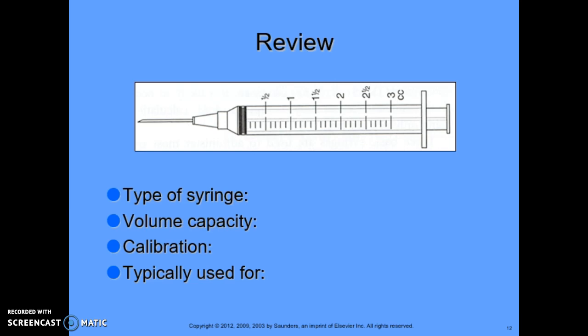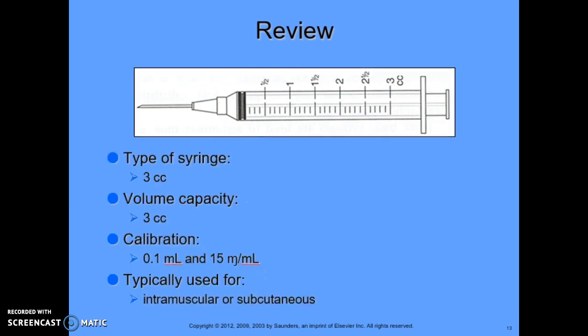Intramuscular and subcutaneous injections. Good job. So there it is: type of syringe, 3 cc; volume capacity, 3 cc; calibration is at 0.1; and typically used for intramuscular and subcutaneous.